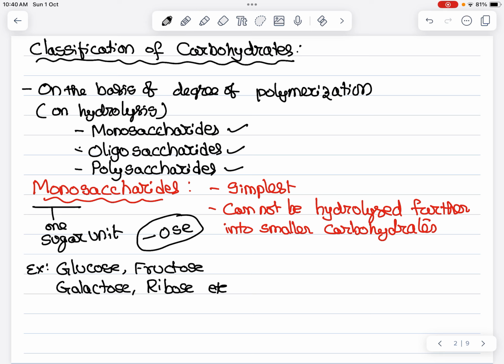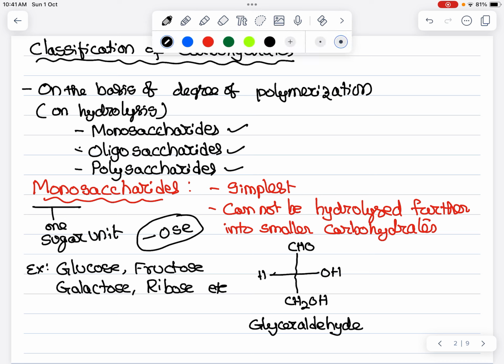Okay, now we will write the simplest monosaccharide containing an aldehyde group, which is glyceraldehyde. So this one is the simplest monosaccharide with 3 carbons containing a CHO group, an aldehyde group.